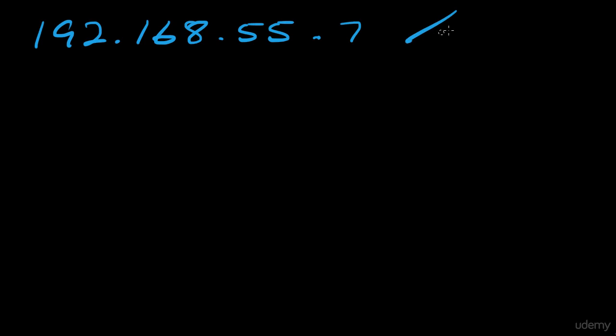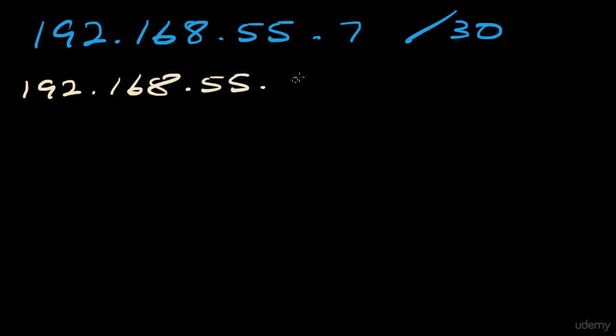Let's look at the last IP address, 192.168.55.7/30. Again, they subnetted 192.168.55 using a prefix of /30. What is our increment value? /30 is covering the first three octets.